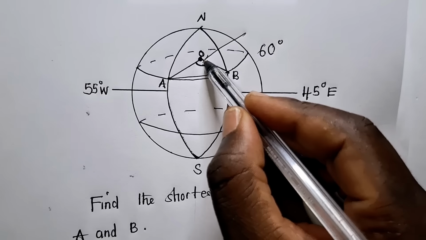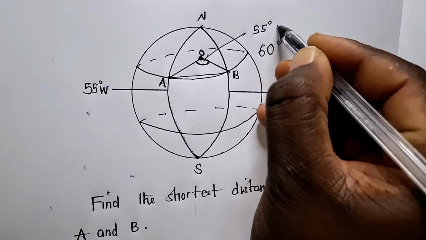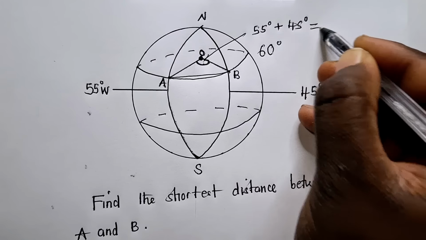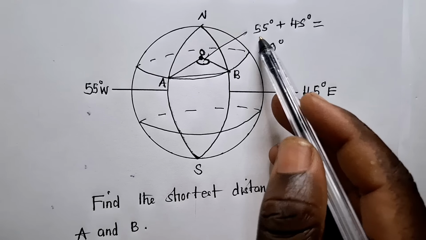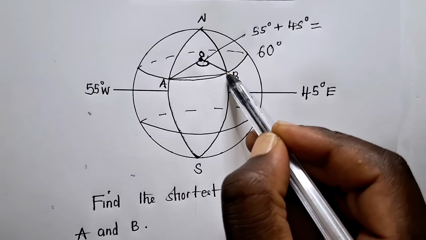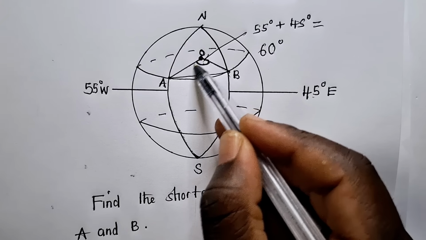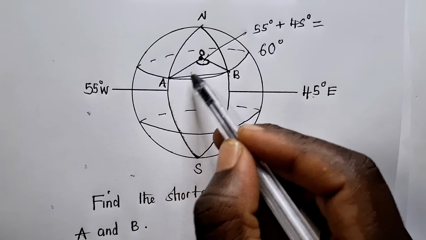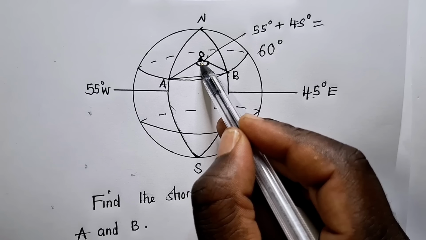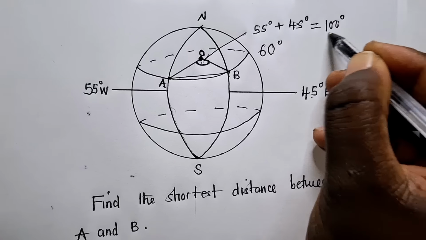So this angle will simply be equal to 55 degrees plus 45 degrees. So when finding the angle, we always check where it's touching the longitude here. What is the name of this longitude? It's 45. Even this side, it's 55. So this longitude plus this longitude must give us the angle which is here. And this angle will be equal to 100 degrees.